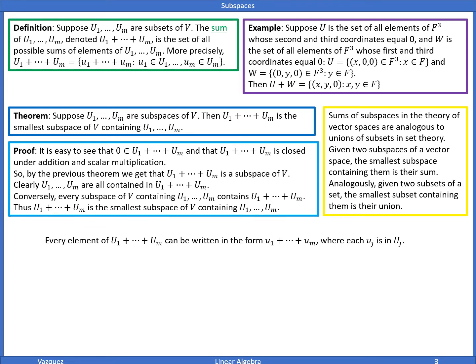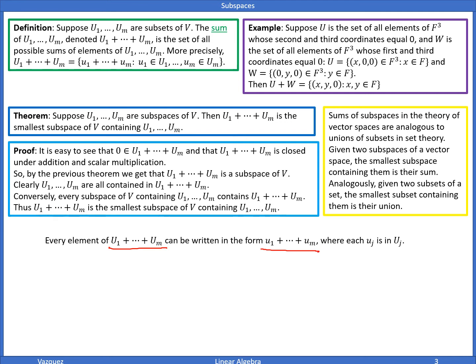So every element of the sum of U1 all the way to UM can be written in the form u1 plus dot dot dot all the way to um, where each uj is in Uj. I had mentioned that before. Well, we're really interested in the cases where each vector in this sum can be represented in this form in only one way.